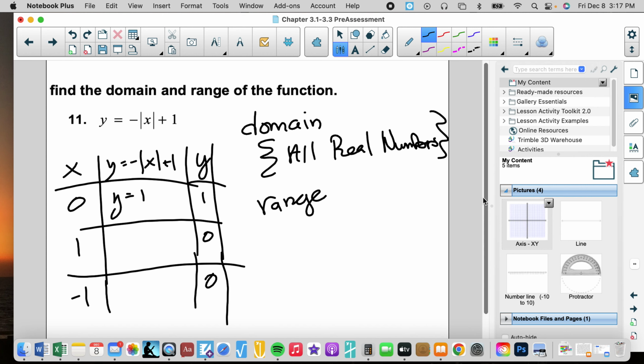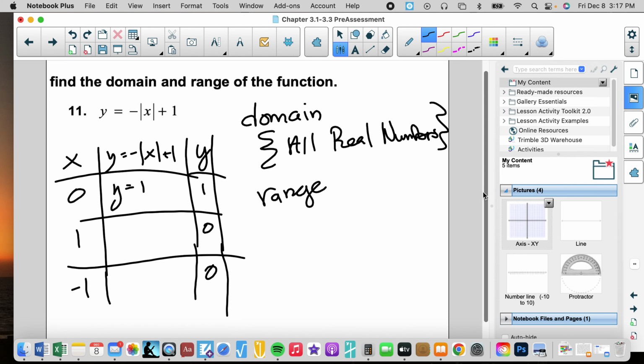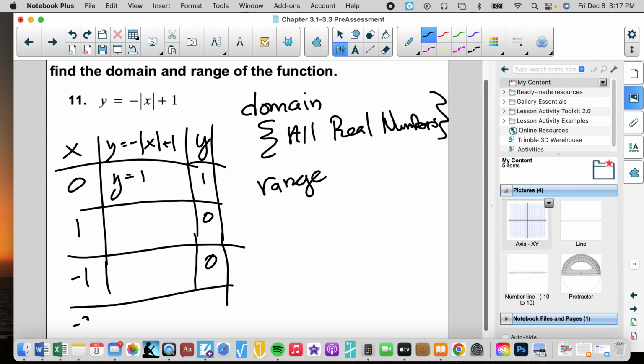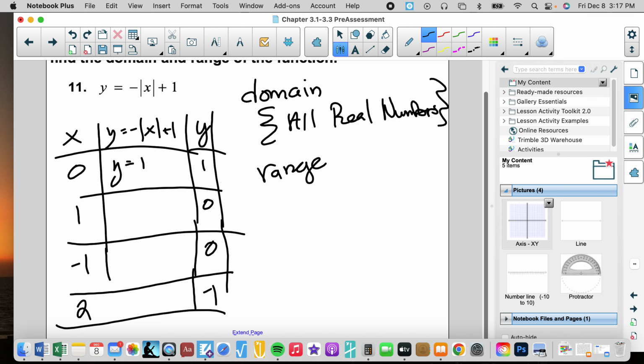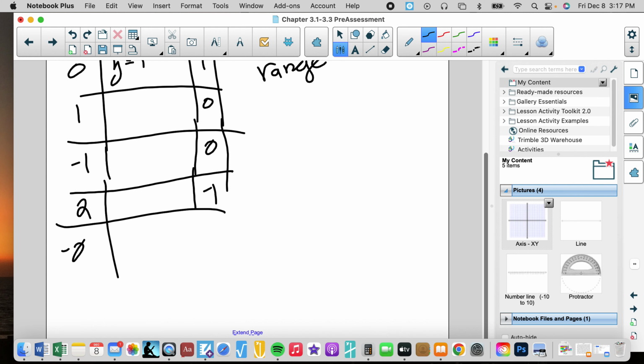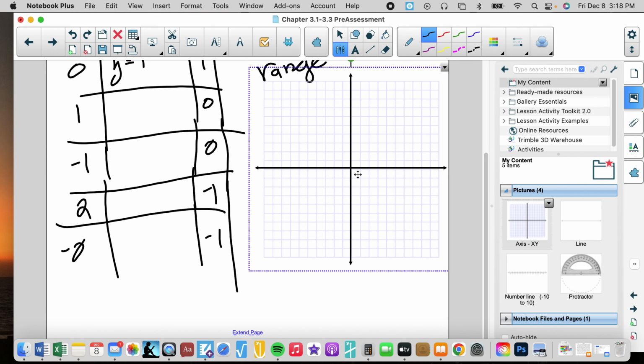If I plug in 2, I'm going to get negative 1. If I plug in negative 2, I'm going to get negative 1. So let's graph that, see what that graph looks like.